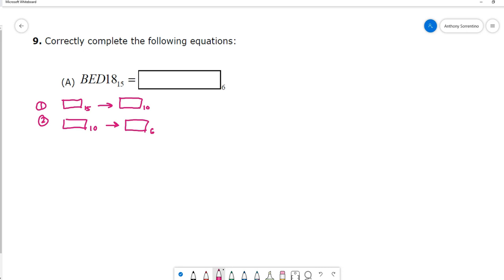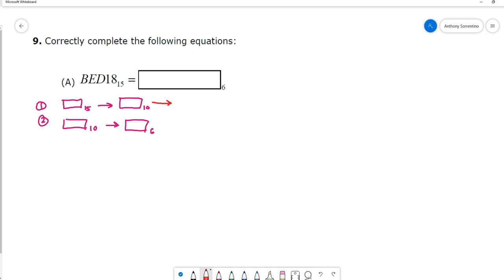If you try to go directly from base 15 to base 6, that could cause you some difficulty because we're used to working in base 10 math as it is. So even doing the converting and computations could be problematic. Trying to go from one base that you're unfamiliar with and don't work with regularly to another one would just be making things much more difficult. So I'm going to take care of this one first. I'm going to go from base 15 to base 10.